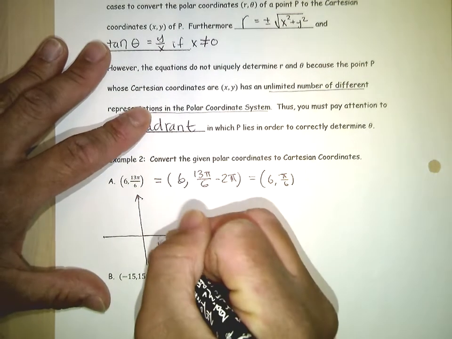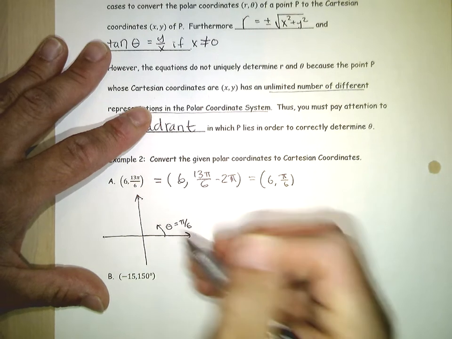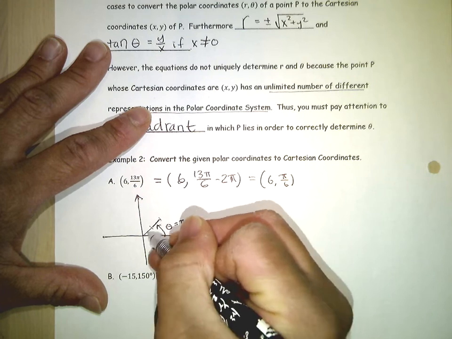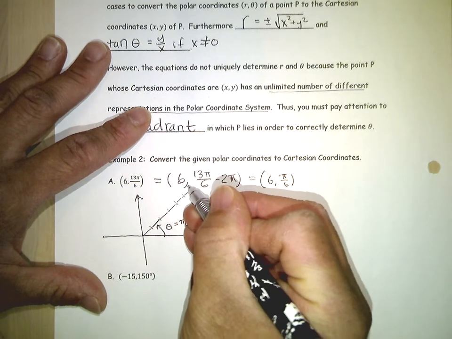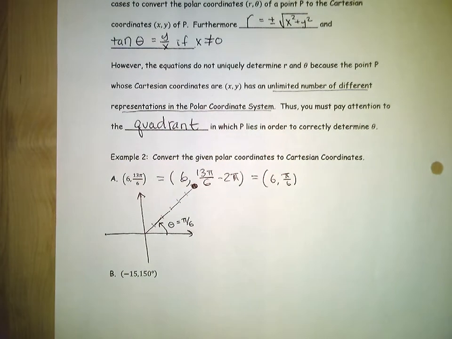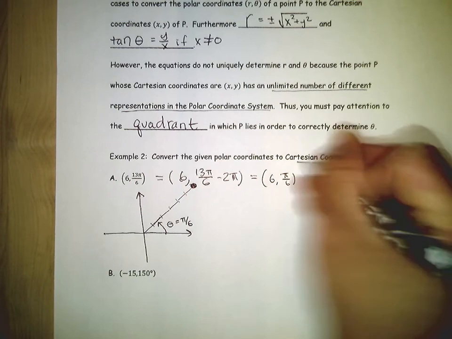So here is theta equals pi over 6, and then I need to draw r equals 6, so 1, 2, 3, 4, 5, 6, and here is the point.